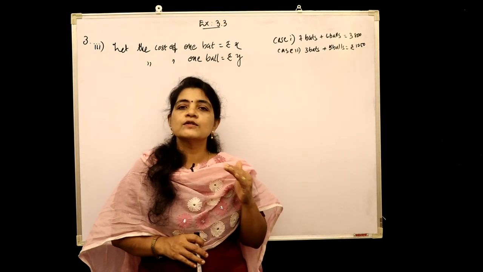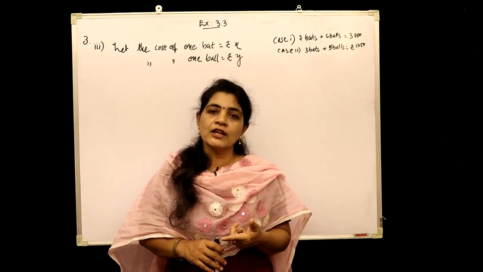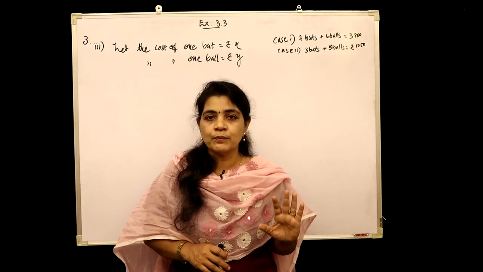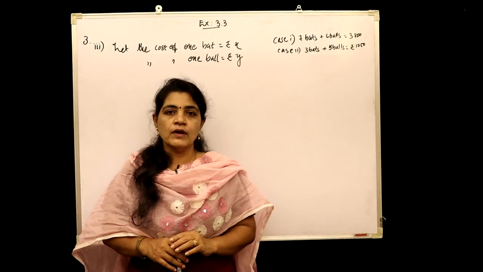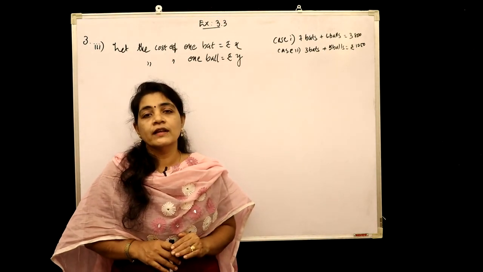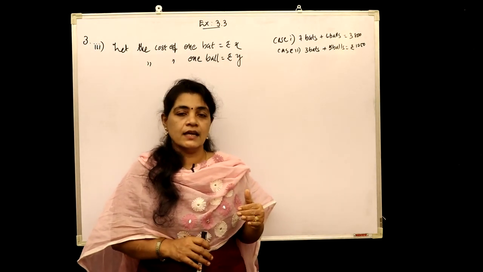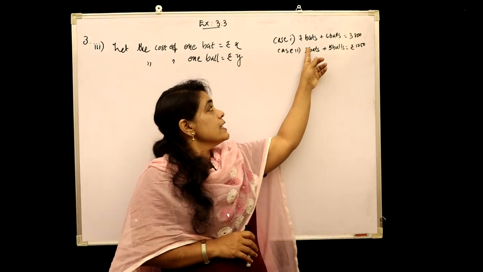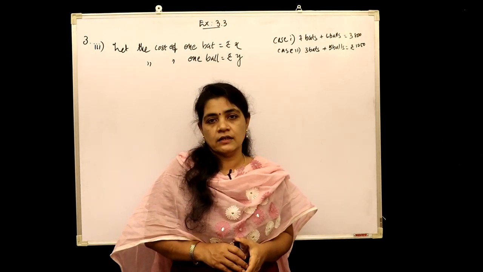Okay, and here also we have 2 conditions, where we have 2 conditions with 2 variables, so the only method is to form a pair of linear equations in 2 variables. Under the first condition we will get the first equation easily. In the first case she has bought 7 bats and 6 balls for rupees 3,800.